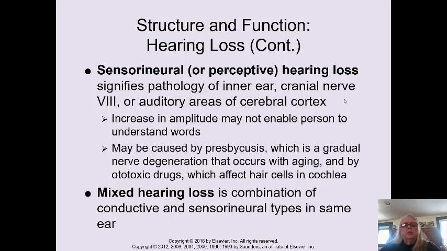It's a gradual nerve degeneration that occurs with aging, and it can also happen with some ototoxic drugs. Aspirin's a good example. Too much aspirin can cause tinnitus and affect people's hearing, even if it's just in a short-term dosage. But quite a few medications will actually cause tinnitus. Mixed hearing loss is a combination of both of those.